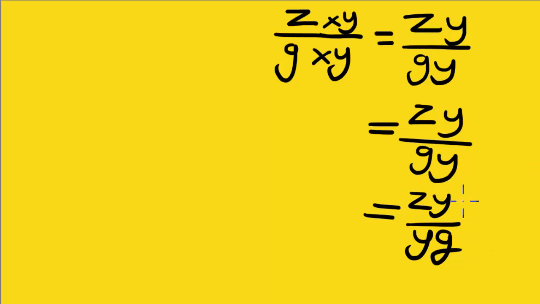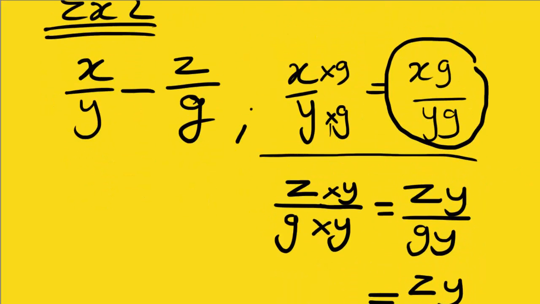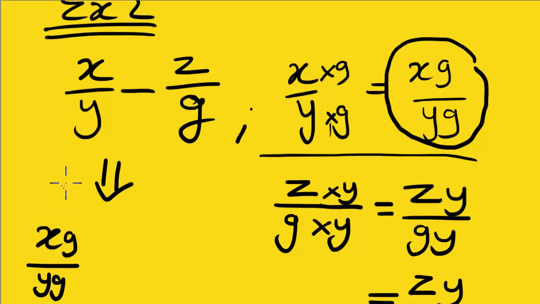So the original fractions have been written in 2 different forms. Going back to the original problem, x over y is now xg over yg. The subtraction sign stays. The fraction z over g is now zy over yg, as I showed you.